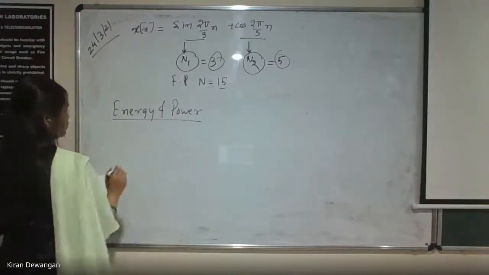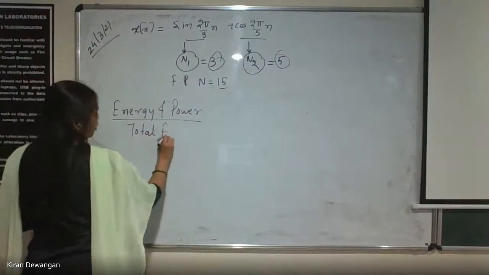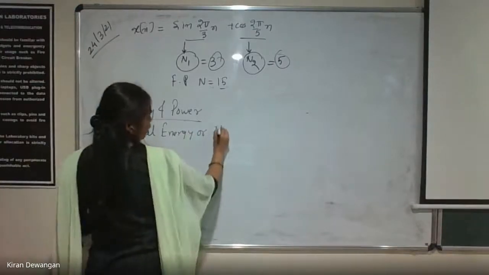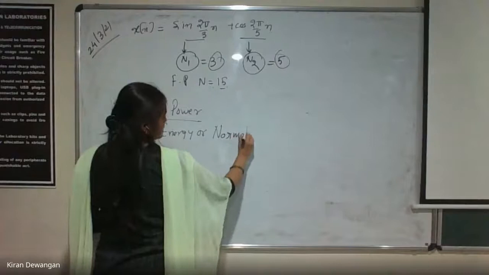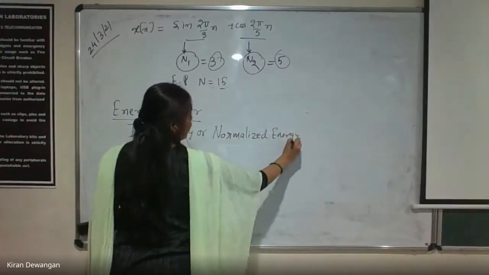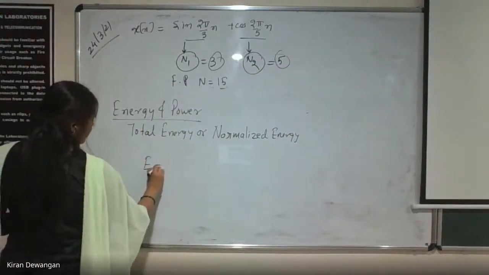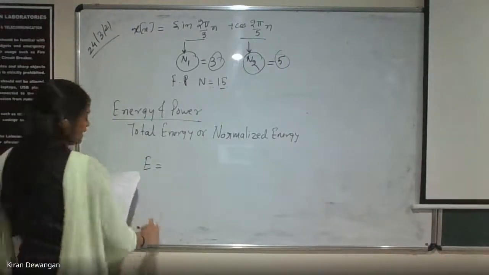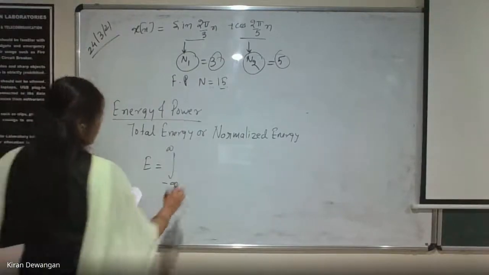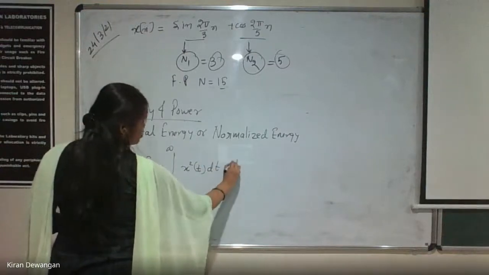Now whenever we have to find the total energy, or normalized energy, as we even call it, of any continuous time signal x(t), it is given by E, which is the integration from minus infinity to infinity of x square t dt, in joules.